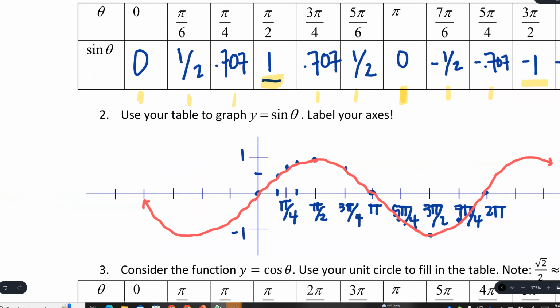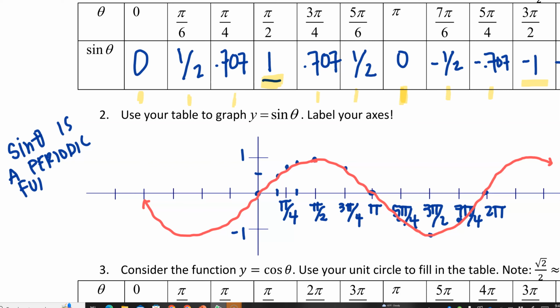So sine and cosine are called periodic functions. So that means that it's going to keep repeating itself. So it takes 2 pi. So 1 full length of a period is going to be 2 pi.